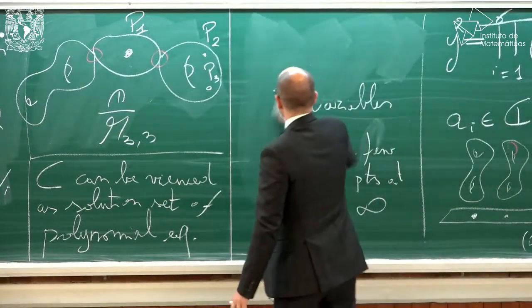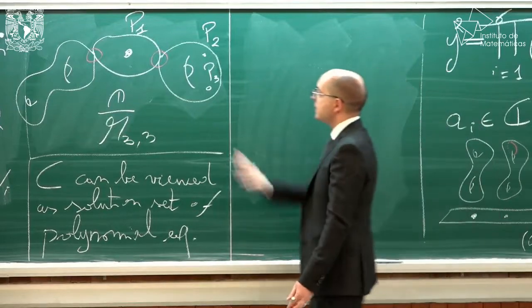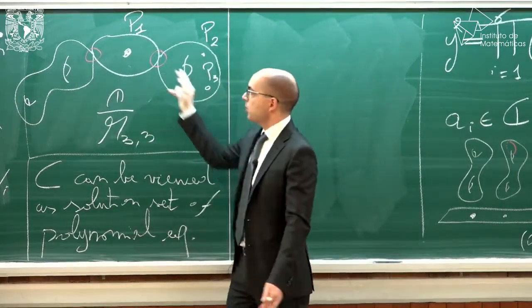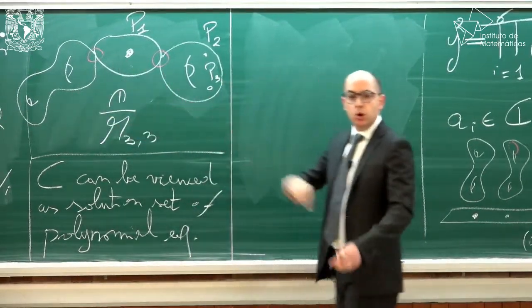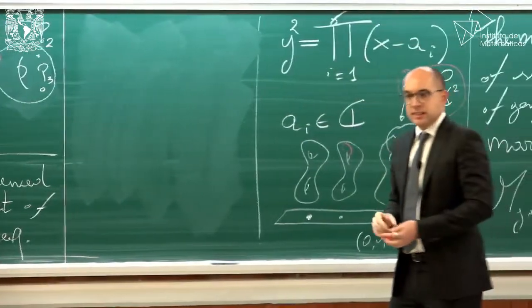And now I would like to say something about the combinatorics of this space. As you can see here, counting the genus was simple because we just summed up all the genera of the components. But in general, you need to do something else.